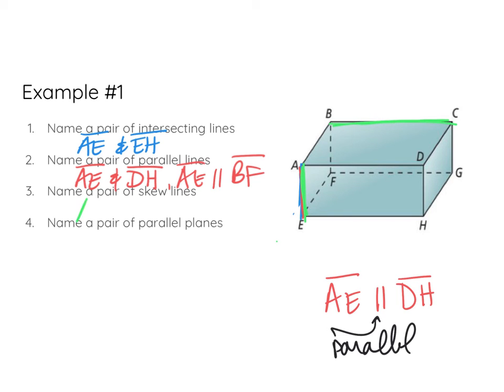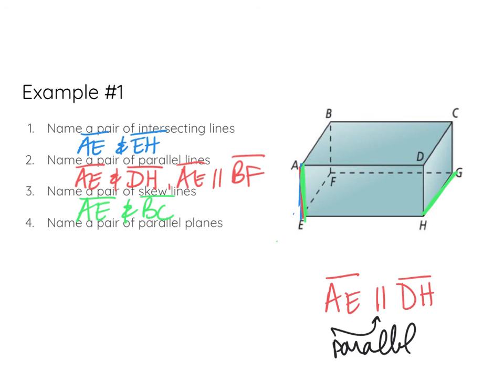Okay, again, AE is in the top left, BC is in the back, and because AE goes up and down and BC goes left and right, those two are never going to touch. Okay, I could also have picked FG. That would be skew also. And I could, let me erase this so you guys don't get confused, I could also have picked GH. Those are going to be skew also. So again, lots of different choices depending on what you see first, lots of right answers.